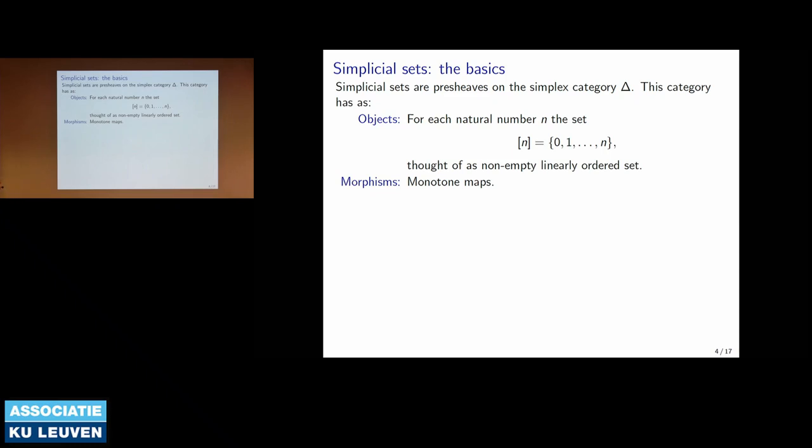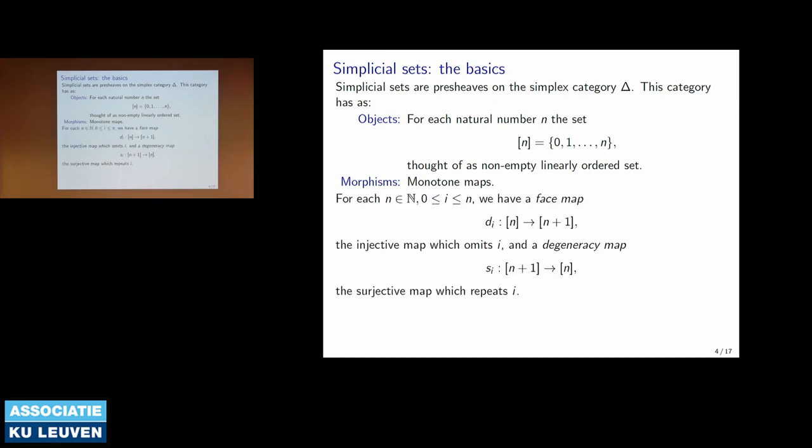So the category of simplicial sets is a presheaf category on a category called delta, where the objects are finite, non-empty, linearly ordered sets, usually written [n]. The morphisms in this category are monotone maps. Of special importance are two classes of maps: the so-called face maps, which are maps from [n] to [n+1] that omit a certain element, and the degeneracy maps, which are surjective maps from [n+1] to [n] that repeat a single element.